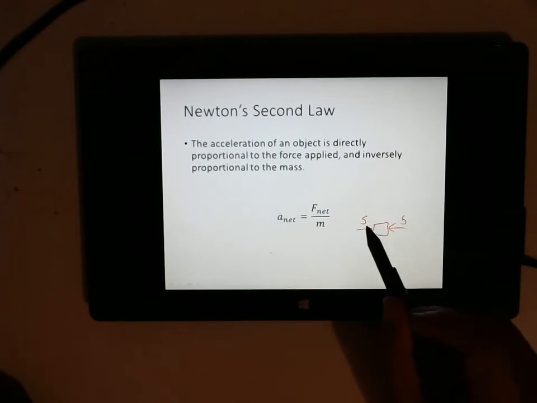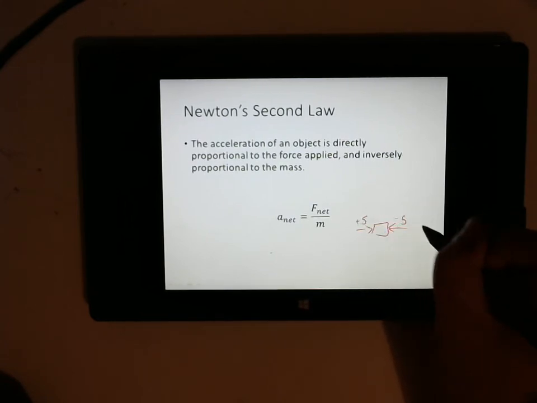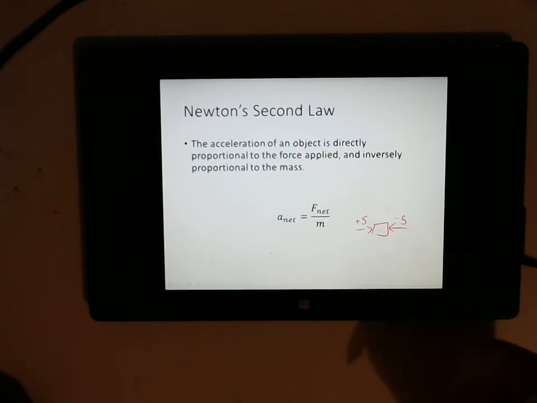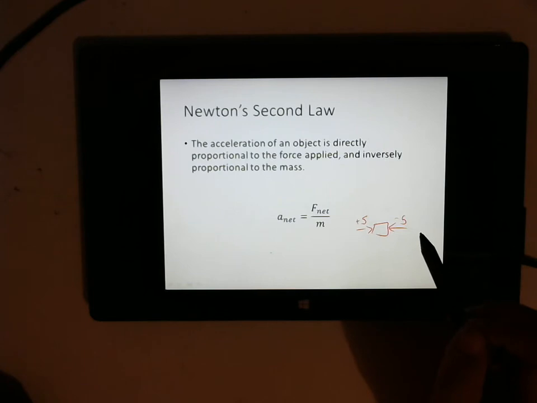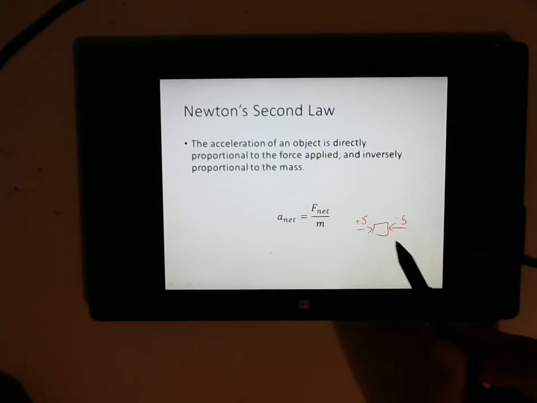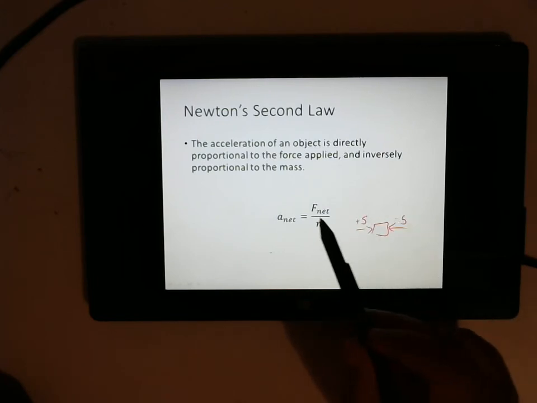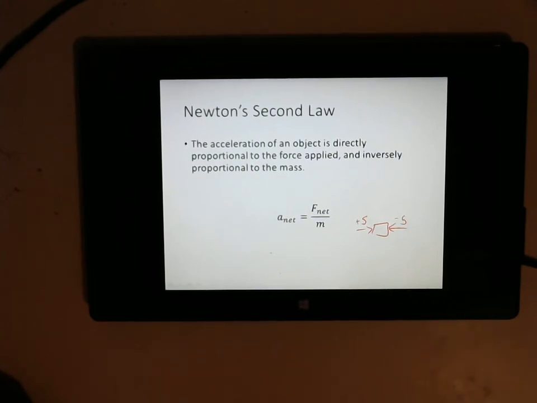If we think about adding vectors, they're in different directions, so we'll say this must be plus 5 and this would have to be negative 5. If we add these together, plus 5 plus negative 5 cancels and becomes 0, so it's not going to change its motion. That means that if it was still, it would stay still. If it was sliding along at 2 meters per second, it would stay moving at 2 meters per second. So this is the net: we have to add these values up before we can work out the net acceleration at the end. Okay.